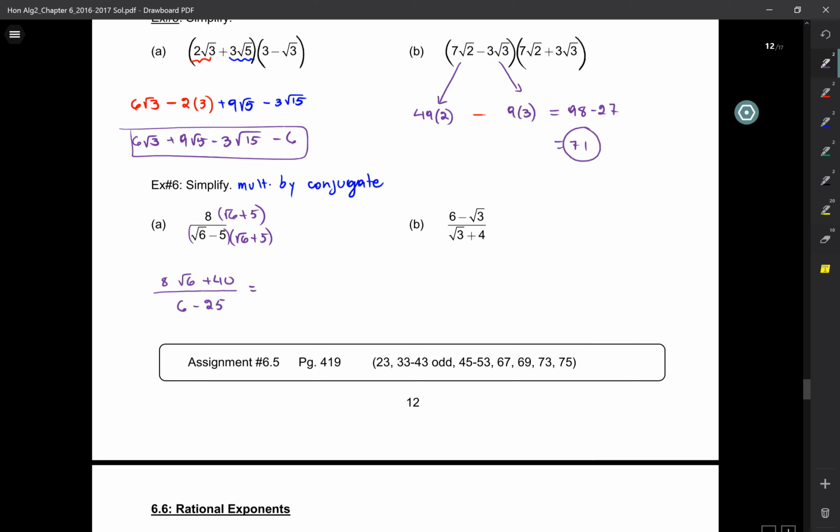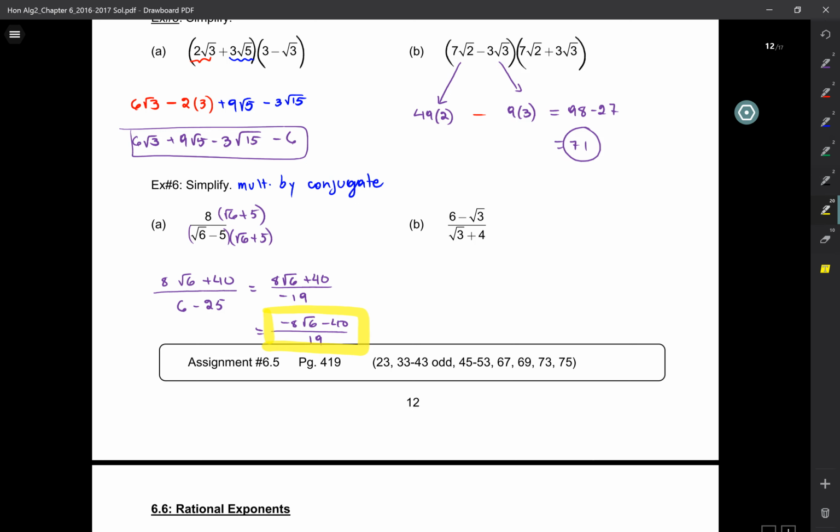So this is 8 root 6 plus 40 over how much? 19. Negative 19. That's the final answer. Or we can write it negative 8 root 6 minus 40 over 19. Now this second version is more conventional.